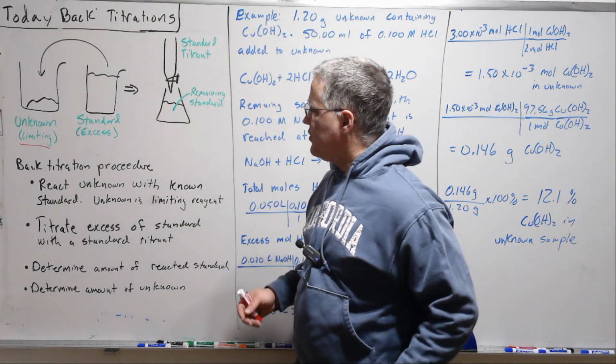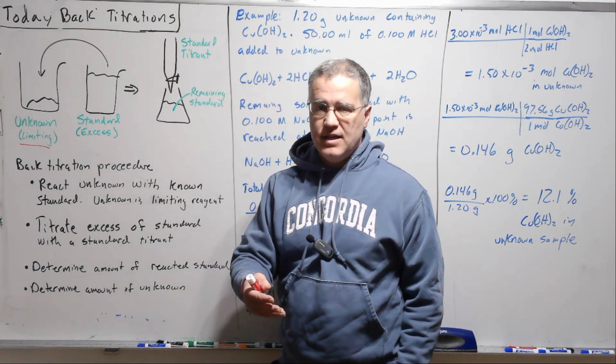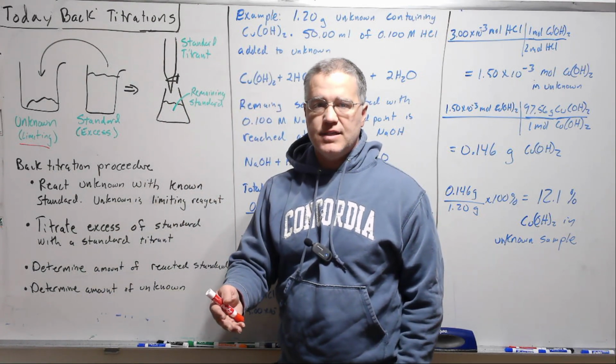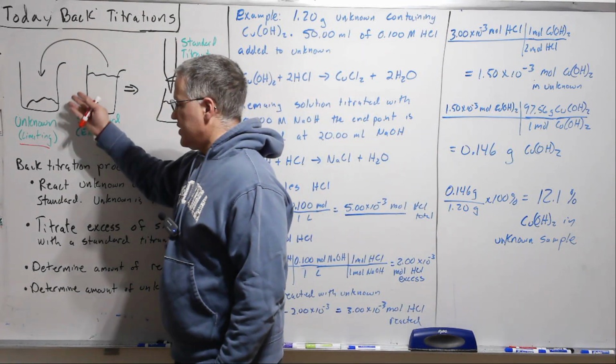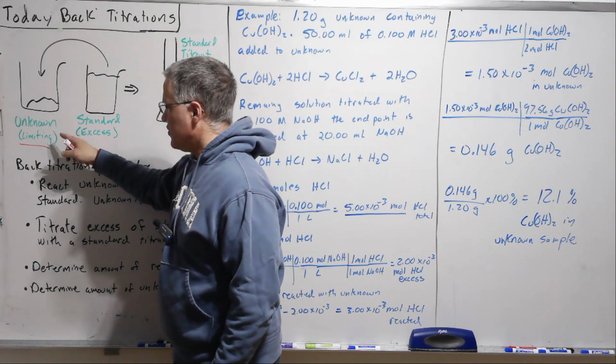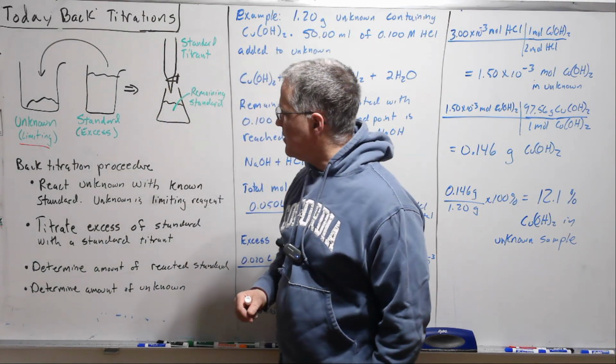And so we're not able to take this to the balance, measure out the mass as if it were a pure sample, and then just do a grams to moles conversion, or just a weight percent, if that's all we wanted.